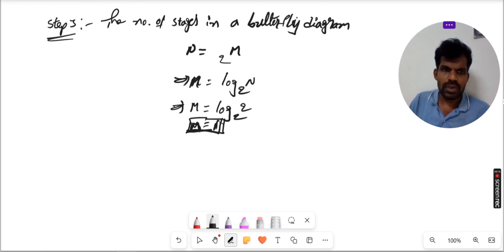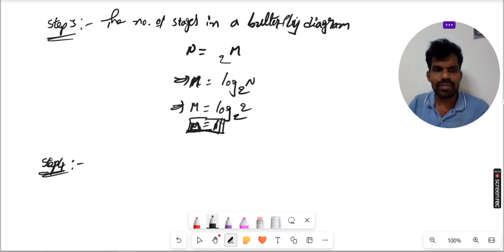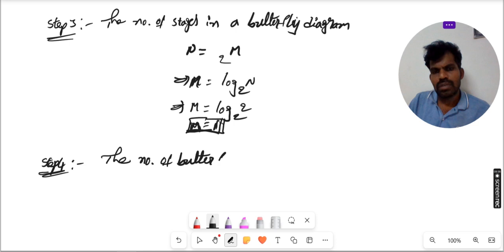Next, step 4. What is step 4? As per step 4 of the DIT-FFT algorithm or radix-2 FFT algorithm, it is the number of butterflies in each stage.